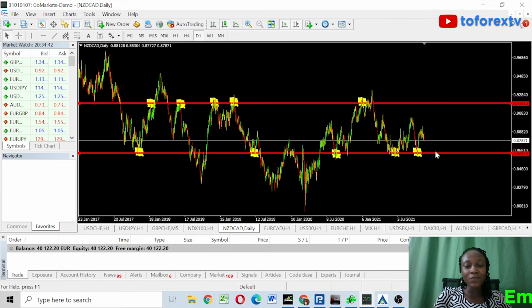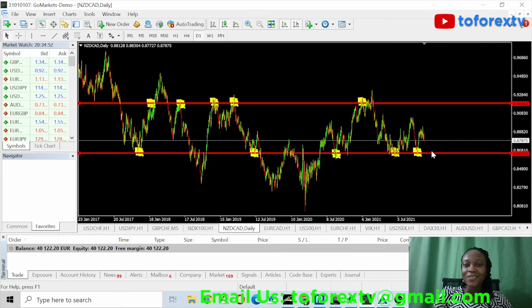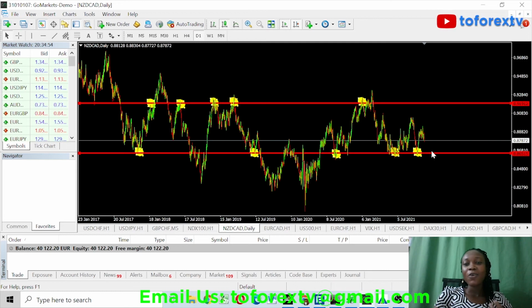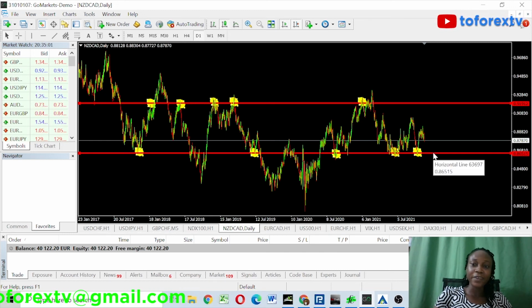For me, I will wait for this market to get to my support level before I could buy. All right, good. So I'll advise that you do the same too. You wait for the market to get to the support level before you could buy.